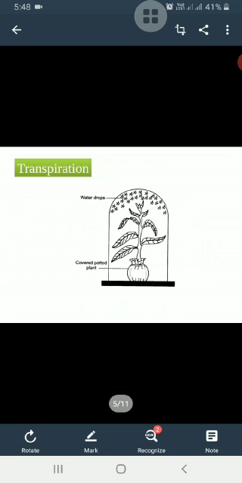In photosynthesis, the excess water escapes in the form of water vapor mainly through the stomata present in the leaves. So what are stomata? The tiny pores present on the leaves. The process of losing water in the form of water vapor from a plant is known as transpiration.